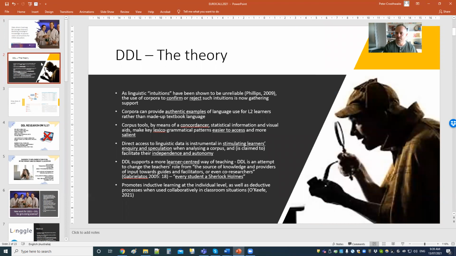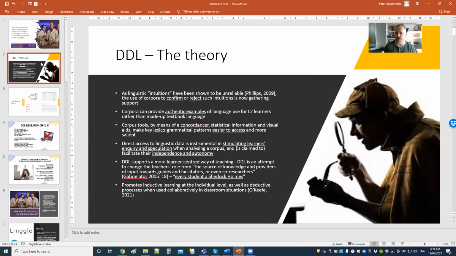So if you have come into this talk, I'm assuming that many of you know about language corpora and their use for the purposes of teaching and learning language. Some people call this corpus-based language teaching, or its more common moniker is data-driven learning.